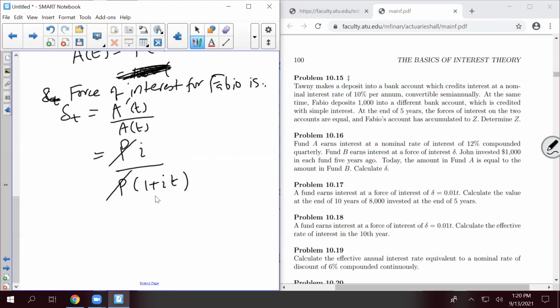Now we are interested in the force of interest at time 5, right? Because at time 5, we are told that the forces of interest are equal. So we put t equals 5, so 1 plus 5i. Now we set the two equations equal, setting the two forces of interest equal.